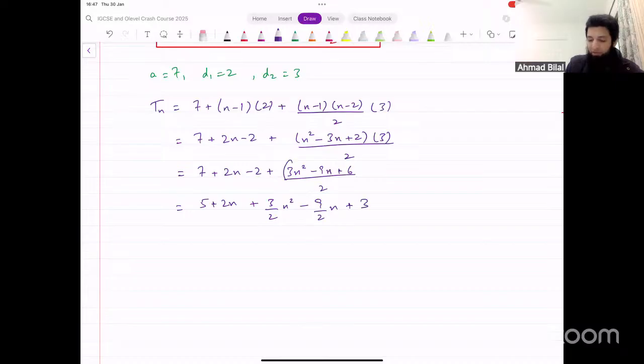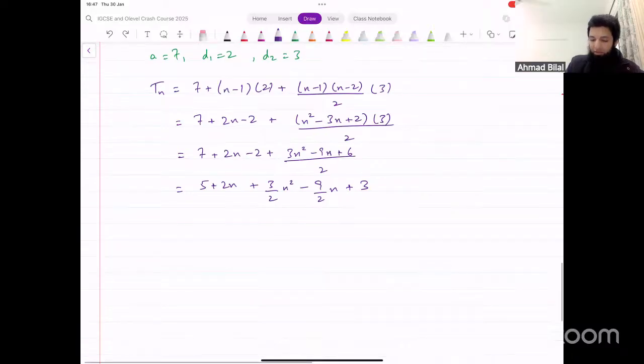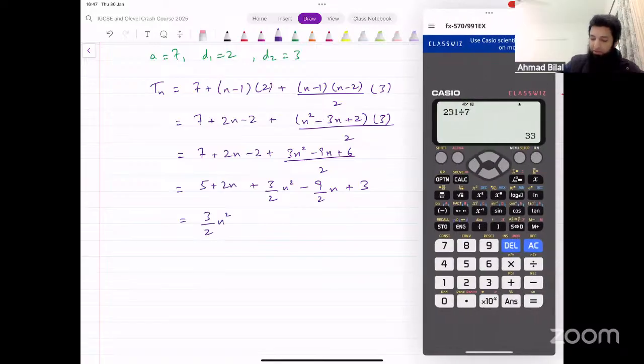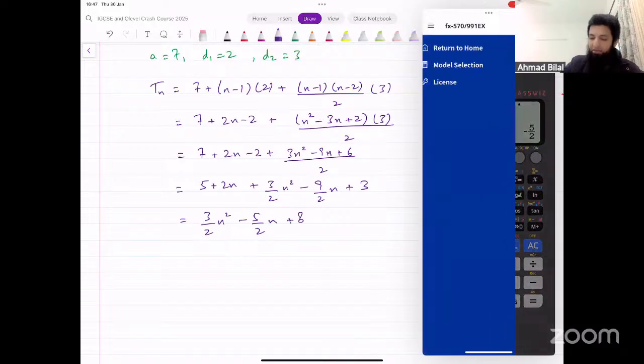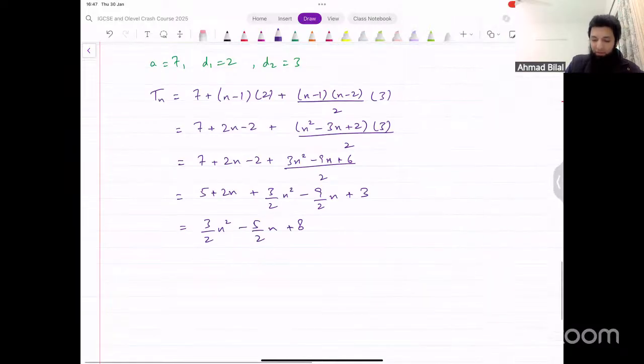If we break it down, 3n squared over 2, that is 3 over 2 n squared, minus 9 over 2 times n, plus 6 over 2, that gives us 3. And then we could finally write this as 3 over 2 n squared, minus 9 divided by 2 plus 2n, that's minus 5 over 2 times n. And then the constant, that is 8. That's the nth term formula for this quadratic sequence.